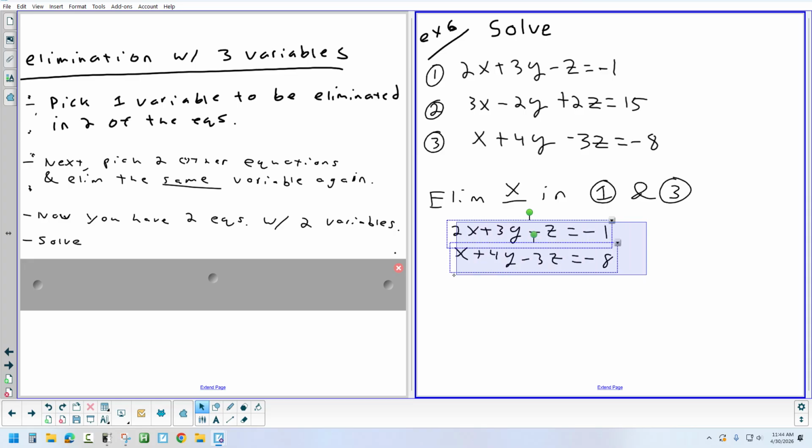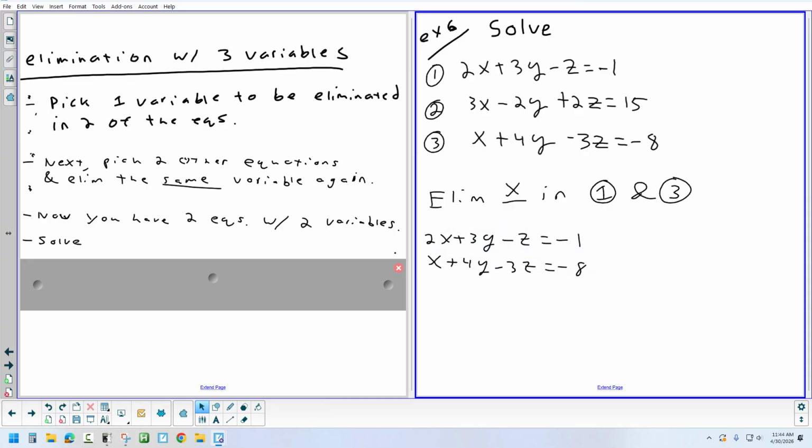What would you have to do if you want to use elimination and you want to get rid of the x? Yep. Can you multiply the equation 3 by -2? Yeah, I'm going to multiply this equation by -2.